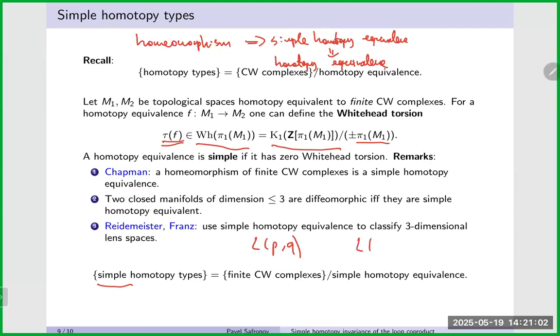For instance, L(7,1) is homotopy equivalent to L(7,2), but they're not homeomorphic. And the discrepancy was identified by Reidemeister in terms of what's called Reidemeister torsion, a precursor to Whitehead torsion. But basically, you have these two lens spaces which are homotopy equivalent, but they're not simple homotopy equivalent.